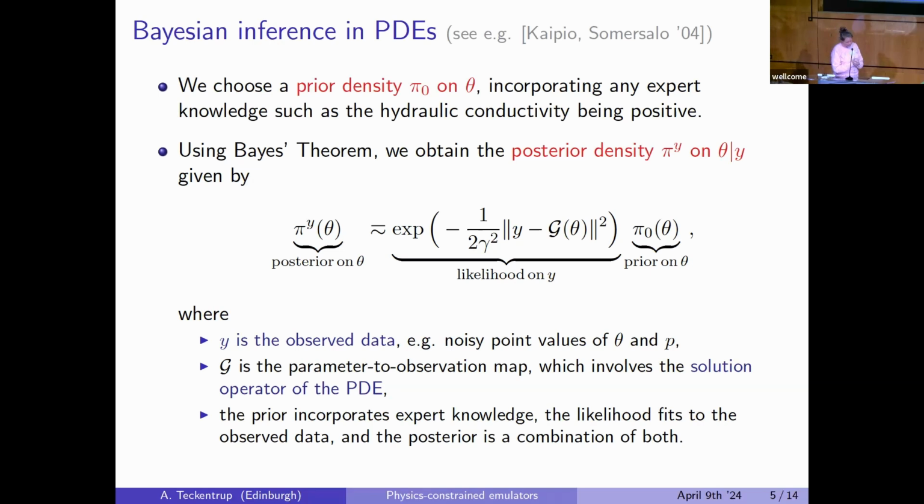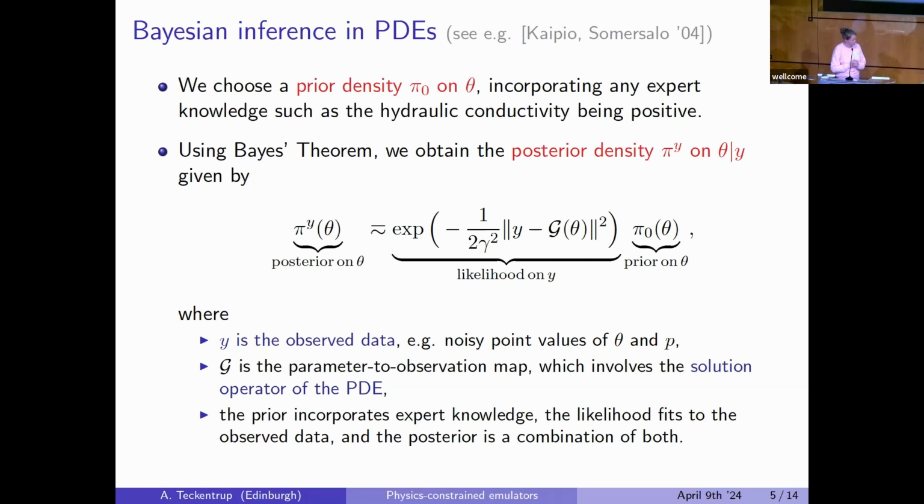In this context, the prior is the one that incorporates the expert knowledge. The likelihood makes sure that you fit your theta to the observed data, and the posterior then has a combination of both. So it's really this posterior density that we want to compute.